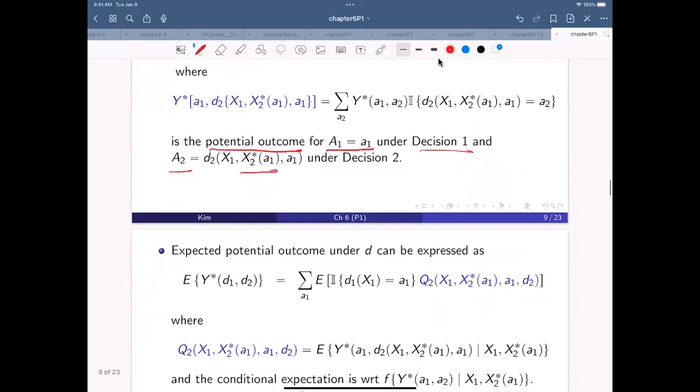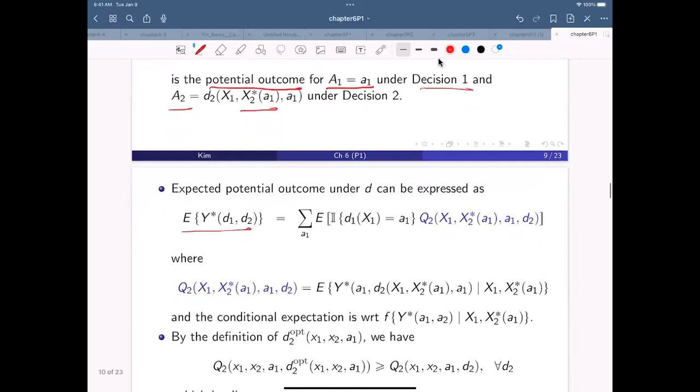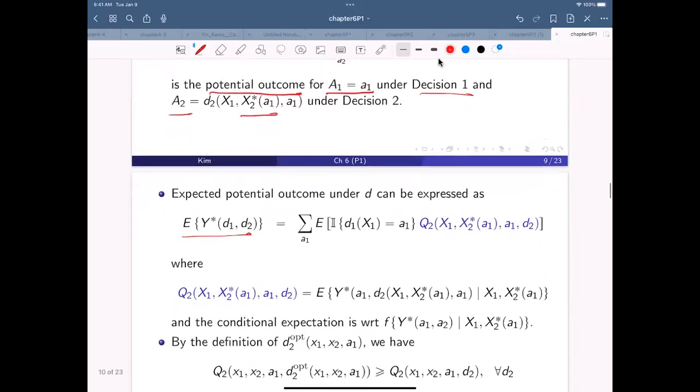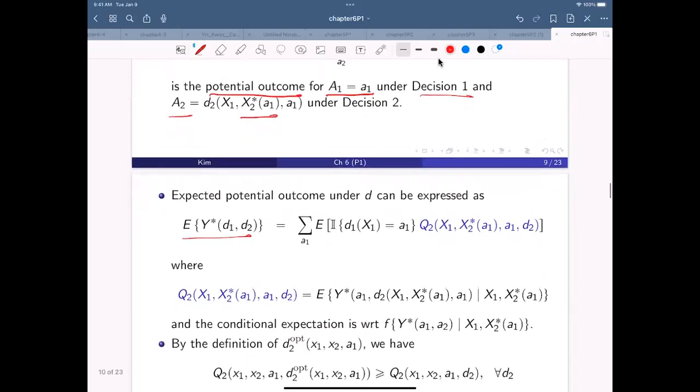The expected potential outcome is the expectation of the conditional expectation of this given X1, X2 star A1, and A1, something like that.